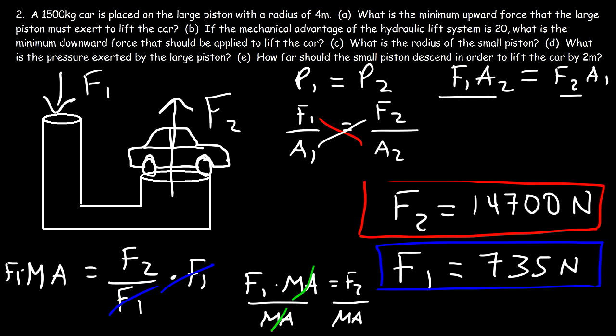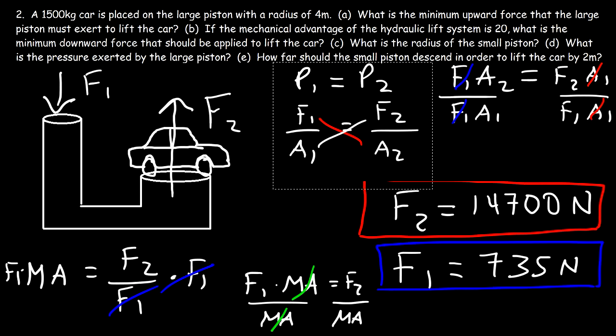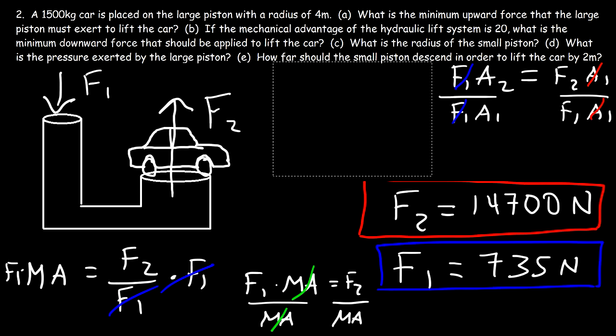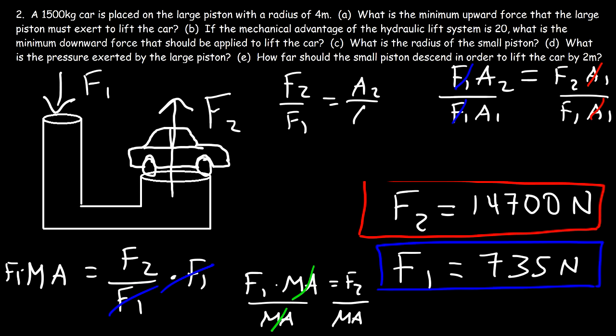Now I'm going to divide both sides by F1 and simultaneously by A1. So on the right side, A1 will cancel, and on the left side, F1 will cancel. So what this tells us is that the ratio of the forces, F2 over F1, is equal to the ratio of the areas, A2 over A1.